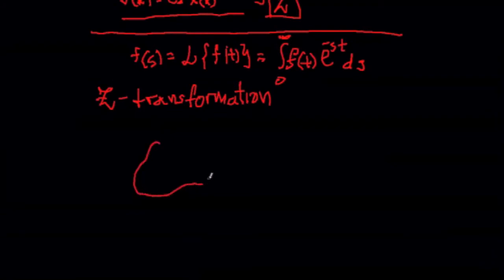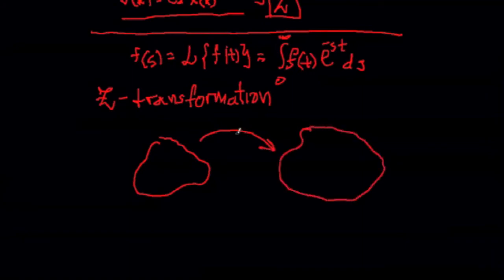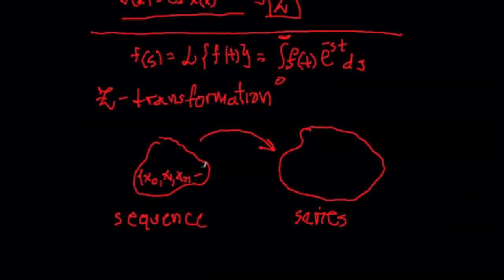The Z-transform formally just represents a mapping from the set of sequences into series. What do we mean by this? It is the following. Let's say that I have a sequence of numbers: x0, x1, x2, and so on.